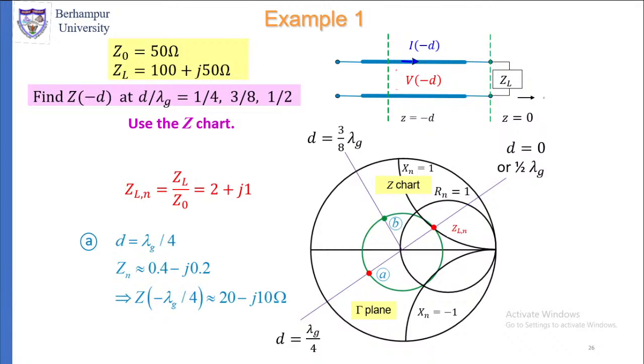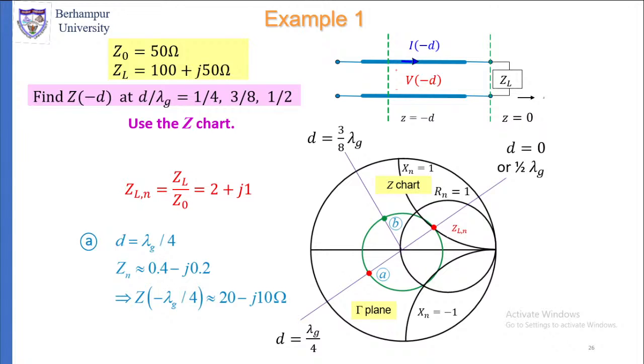Suppose at any point on the transmission line, the impedance is Z, then if you move a distance of lambda g by 2 from that point towards the source, then again the impedance will be Z. If you move a distance of lambda g by 4, or quarter wavelength, from that point, then the impedance will be inverted. So if it is Z, then after a distance of lambda g by 4, it will be 1 by Z. So after every quarter wavelength, it is inverted. After a complete wavelength, the impedance is repeated.